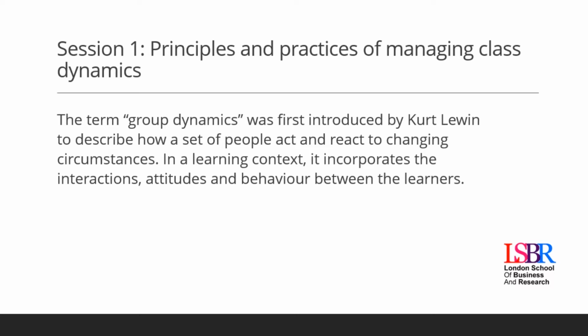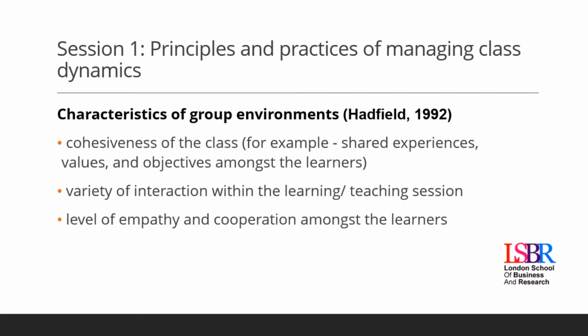Okay, so we're going to also look at the characteristics of group environments. We're going to look at 3 characteristics that we should be learning about in order to create a group environment favorable to learning. One of the characteristics is about the cohesiveness of the class.